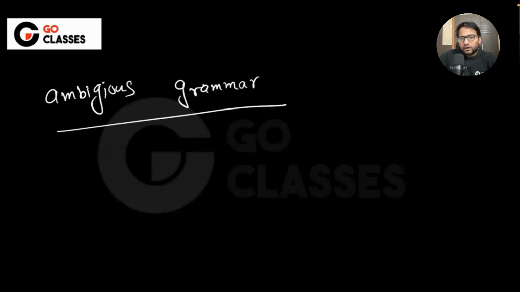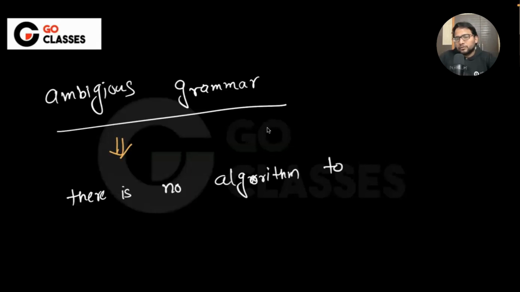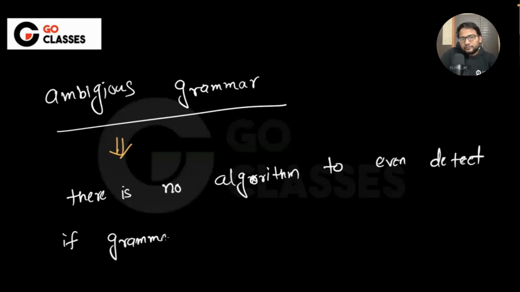For an ambiguous grammar, there is no algorithm to even detect if a grammar is ambiguous. This is undecidable, right?